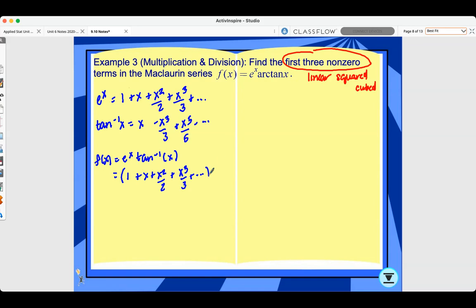Hopefully we don't have to go further than that, which we don't because it does say cubed, times x minus x cubed over 3 plus x to the 5th over 5 plus dot, dot, dot.